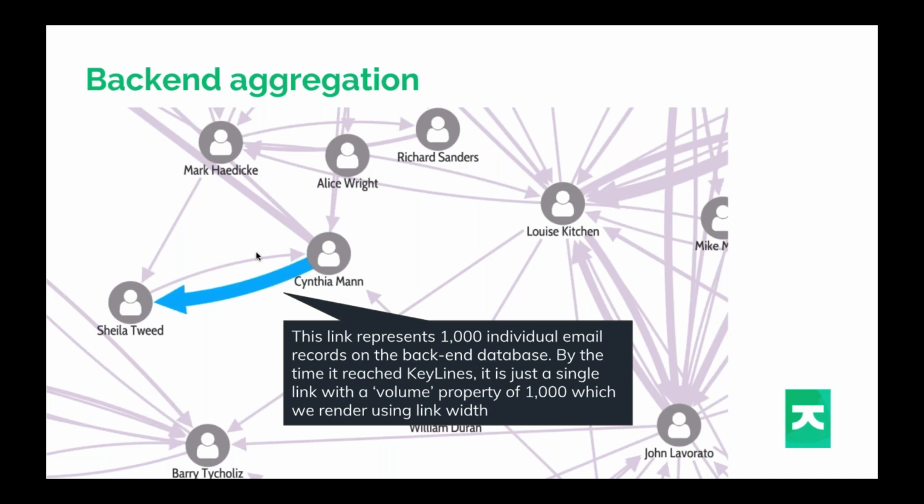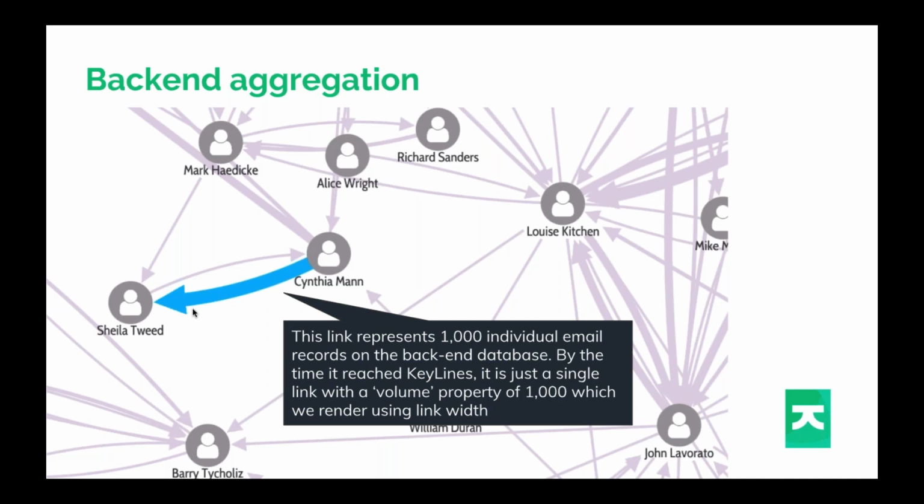We could just draw a link, but we could do something clever like make the link thicker if it represents more emails, or use a color scale or something. All of that styling can happen on the front end, but the key thing is that at the back end, we've only sent one single link over to the application at the front instead of 1,000. And again, you can imagine how this would scale up, a very easy way of getting down from large numbers of nodes in the data funnel to a much smaller number by doing this.